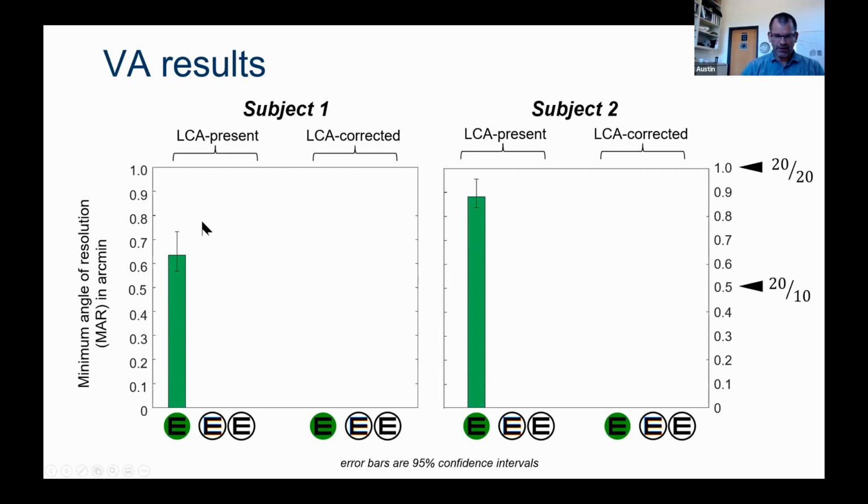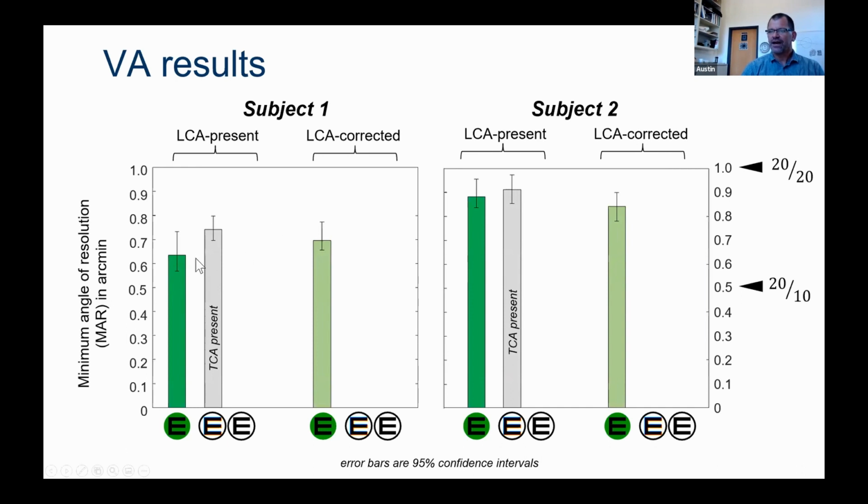And if we test vision with monochromatic light under an LCA present or LCA corrected condition, we ought to see no difference. And in fact, that's the case. This is in effect a control condition. With white light, the visual acuity is barely but moderately worse in the LCA present condition, as expected because of blur from chromatic aberration.